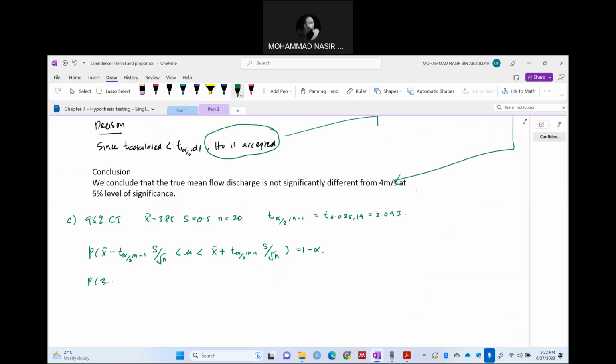So this is 3.85 minus 2.093 multiplied by 0.5 over square root of 20. When you calculate this, you should get 3.616 and 4.084.